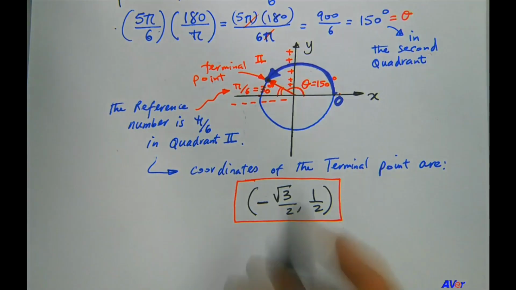Okay, so that's why we have the negative here, because we're in the second quadrant.